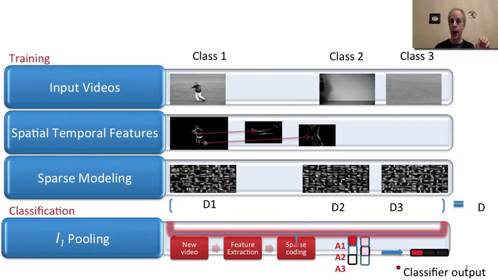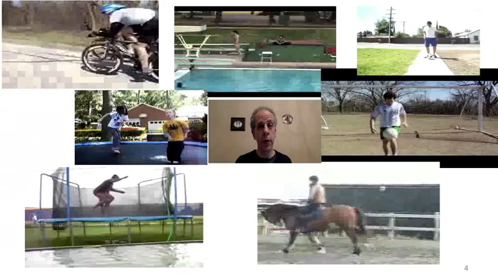Very, very simple algorithm that achieves some of the best results that have been published for this type of activity recognition challenges. Let's see some examples. The examples I'm going to show you are from a database of videos collected from YouTube. Every area of classification has standard databases that the community uses to test their own algorithms.